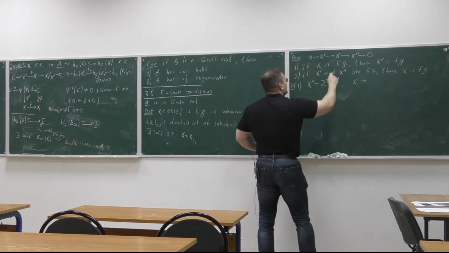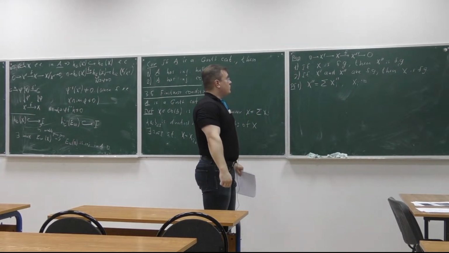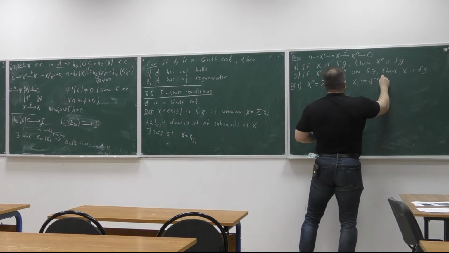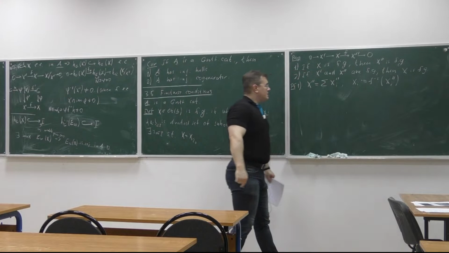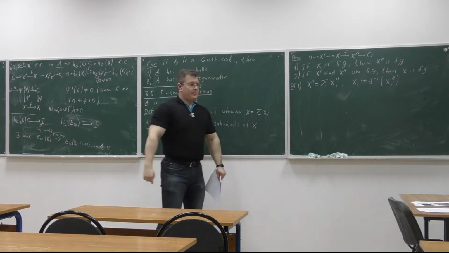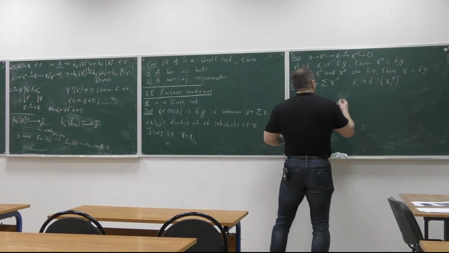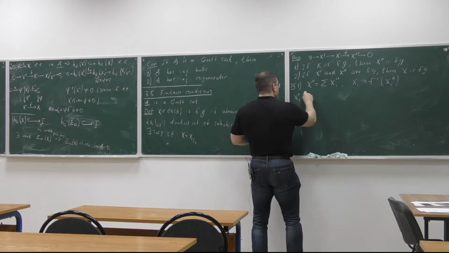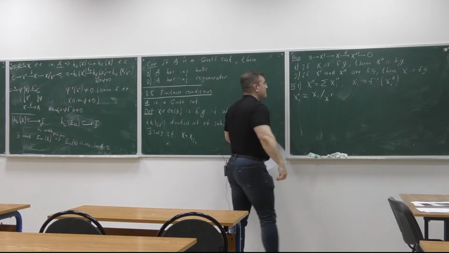Let me give a name for this map from X to X double prime: I'm going to call it f. Then X_i is the f inverse of X_i double prime. So this is some sub-object in X. Then, using the fourth isomorphism theorem, I can say that X_i double prime is isomorphic to X_i modulo X prime.